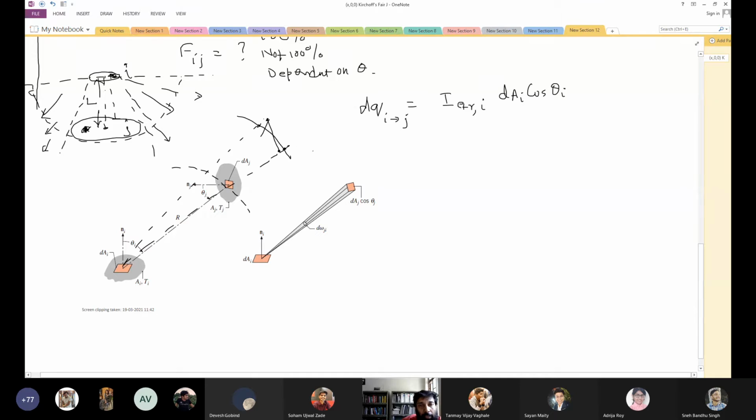That is d omega i. We ignore d lambda because we can think of a certain lambda. So this much is the radiation energy that falls on this projected area.